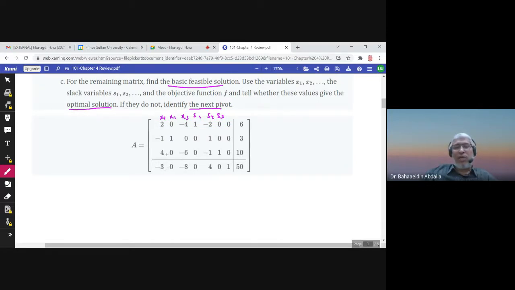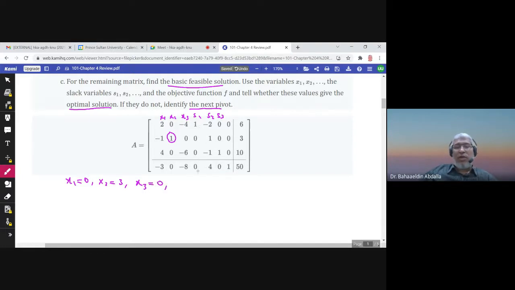x1 is non-basic, so x1 is 0. x2 is a basic variable, and this is the one. So x2 is 3 in this matrix. x3 is non-basic, so it is 0.